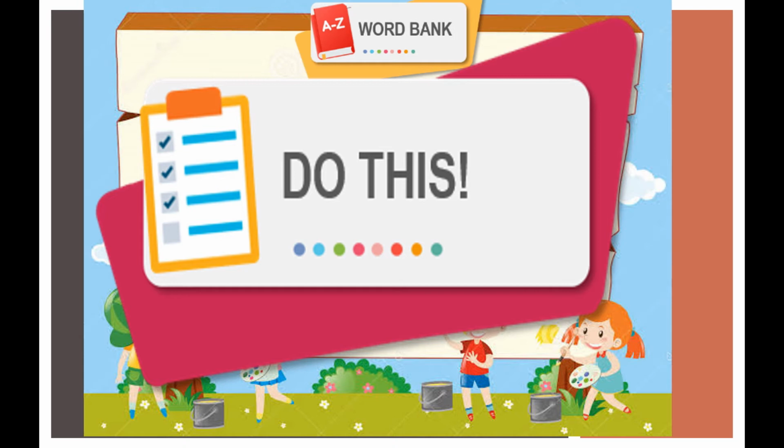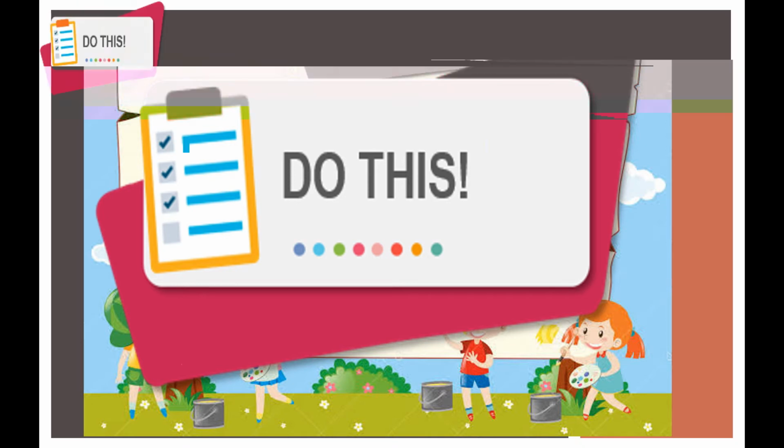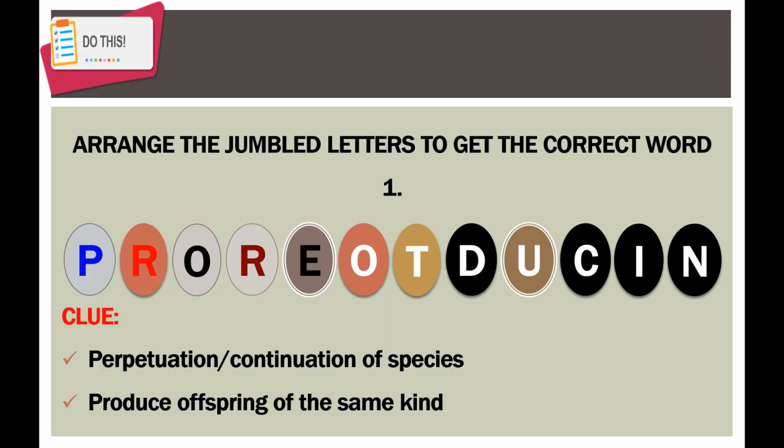Okay kids, let's proceed to the next task on this video lesson. Let's do this. Arrange the jumbled letters to get the correct word. Number 1, perpetuation or continuation of species. Another clue, produce offspring of the same kind.